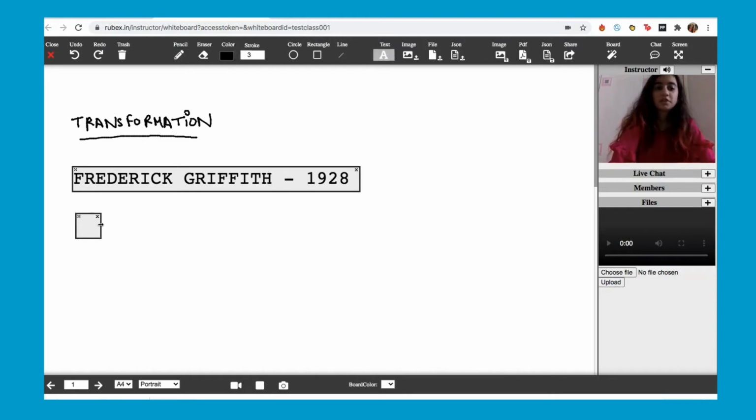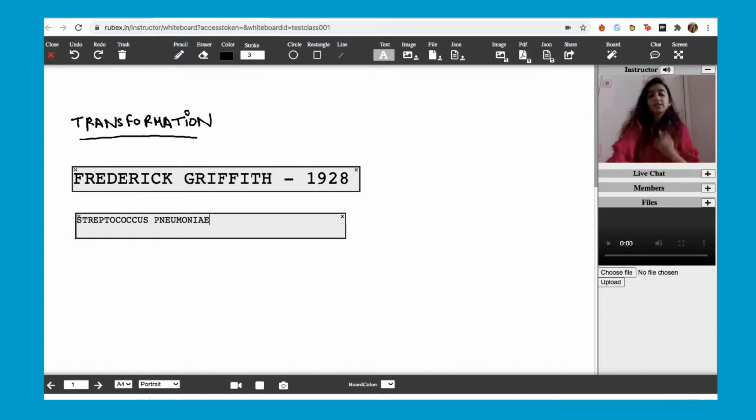He used a particular bacteria, known as Streptococcus pneumoniae. Streptococcus pneumoniae is the name of the bacteria over which this experiment was conducted.